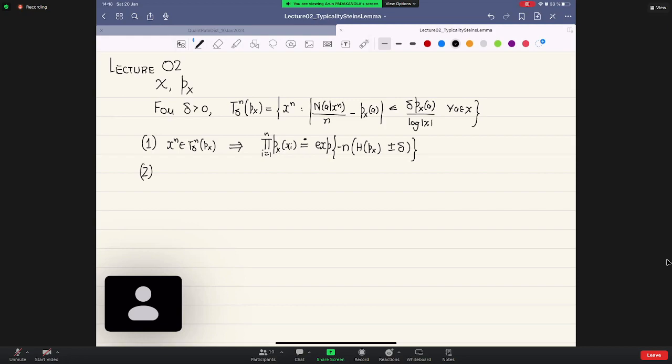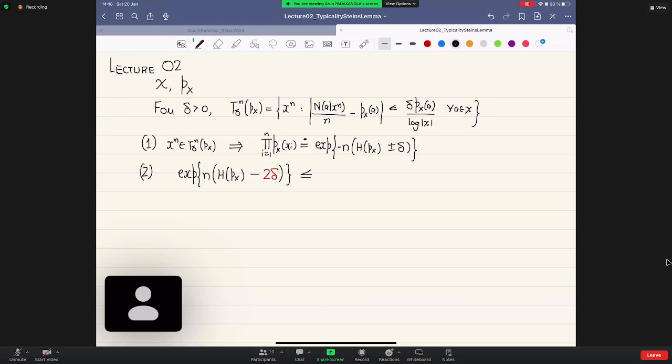So then I think there was a small error. I will correct it this time. I have not completed the proof actually. So h of Px. Yesterday I wrote minus delta. This is easier to prove with minus 2 delta.